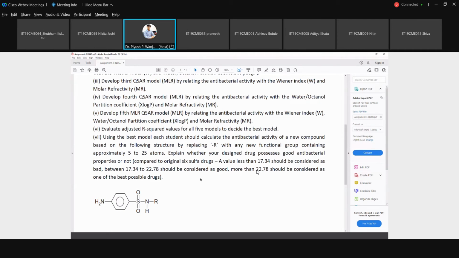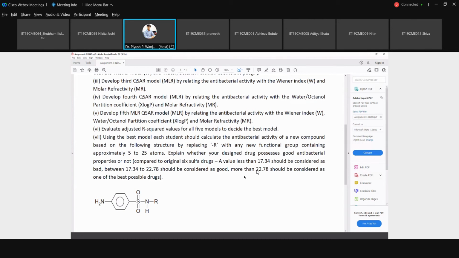So if I have 6 compounds and I am asked to find the best possible compound, I would find something which already has, out of the 6 compounds, the lowest with 17.34 and the highest with 22.78. So that functional group I would have tried to tweak a little bit. The concept, which is related to today's topic, is that if some compound is similar, there is some optimism or guarantee that it will also have similar properties.